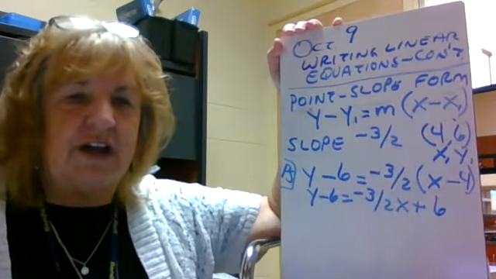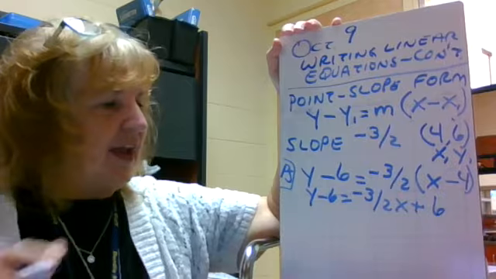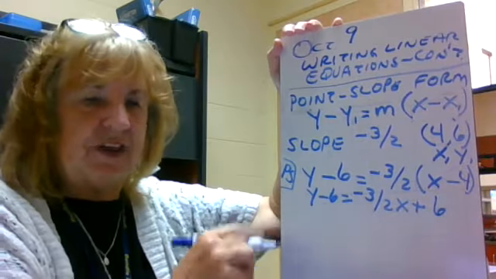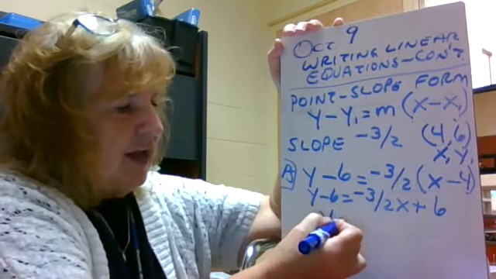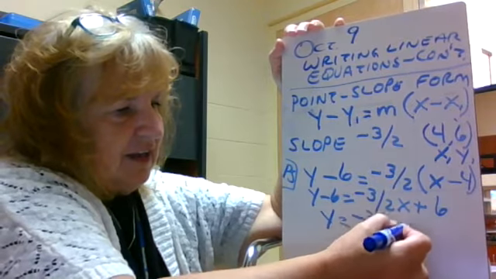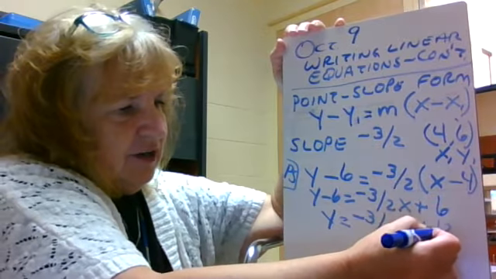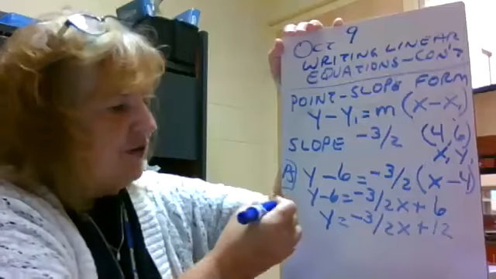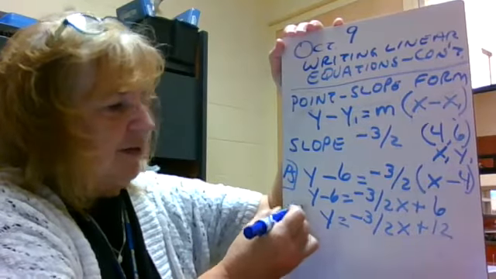So use your calculator if you need to. And then we add the 6 to both sides to get the y by itself. And so when I add the 6, I get 12. So this is slope intercept.